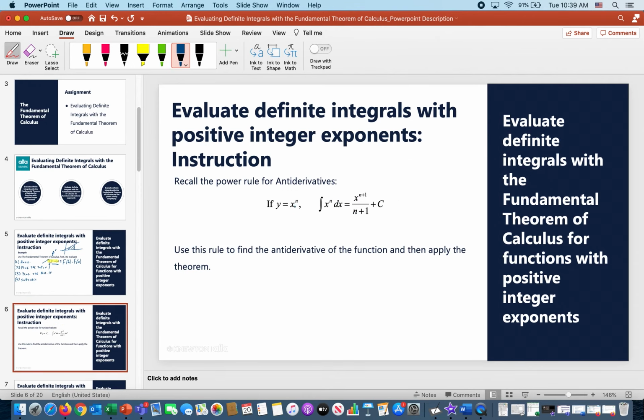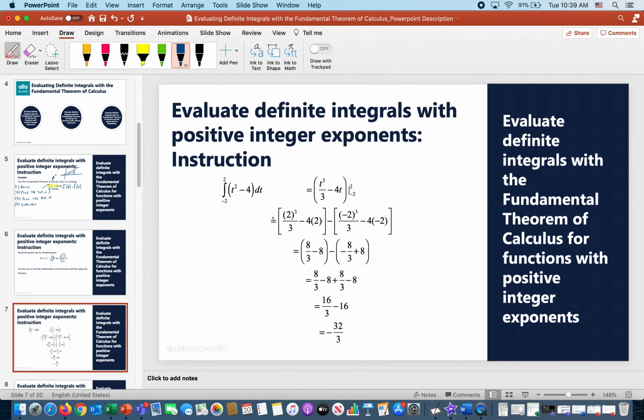So there's a rule that says if we have x to the n power, the antiderivative of that is x to the n plus 1 over n plus 1. We did a lot of that when we were talking about the indefinite integral. And when we do the definite integral, we're going to apply that same rule. Let's talk about how we go from here to this thing right here first.